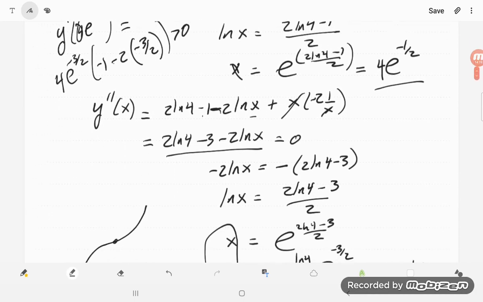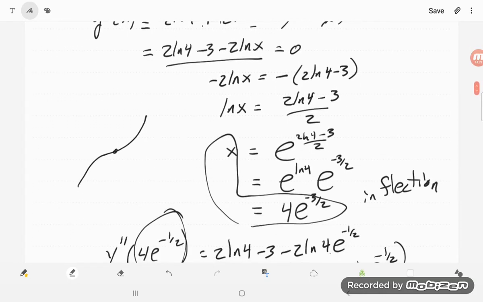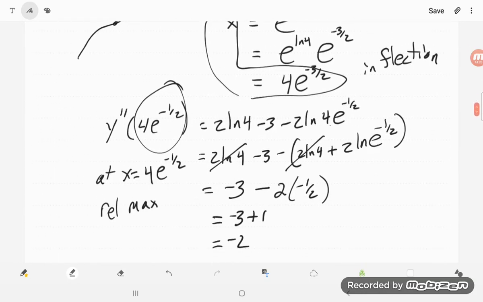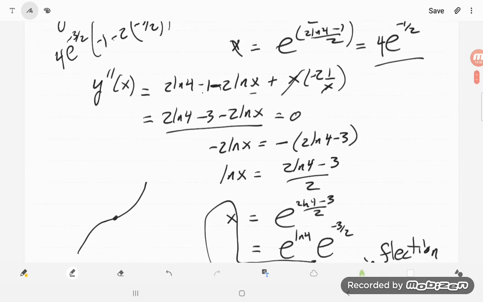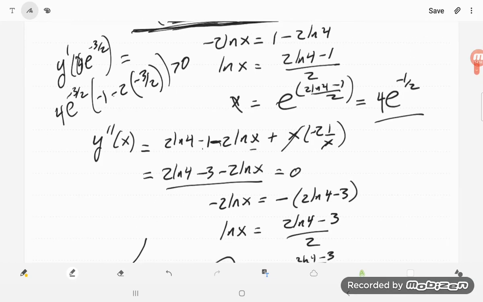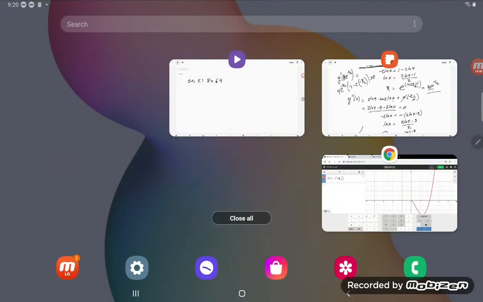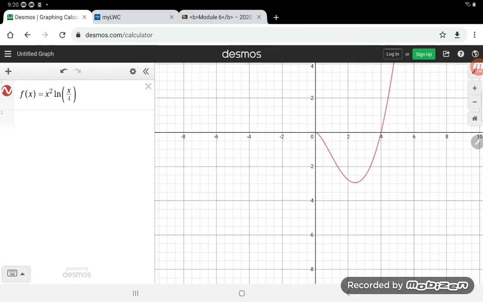Okay, and now we're going to look for relative max at whatever we said there. 4e to the -1/2. So, okay.